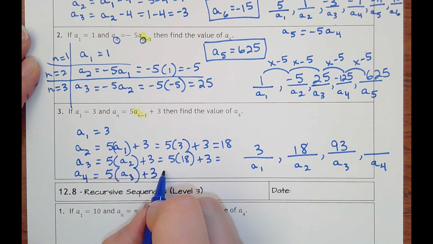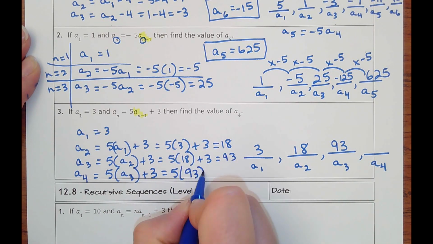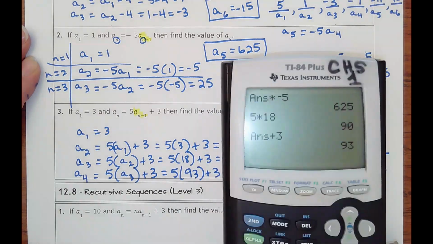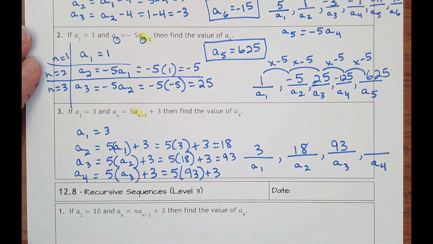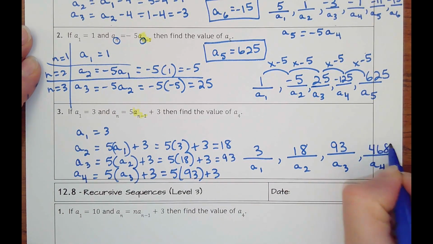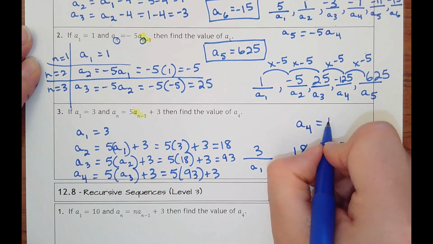So I'm taking 5 times 93 and adding 3, which gets me 468. So my nth term, my fourth term, sorry, is 468.